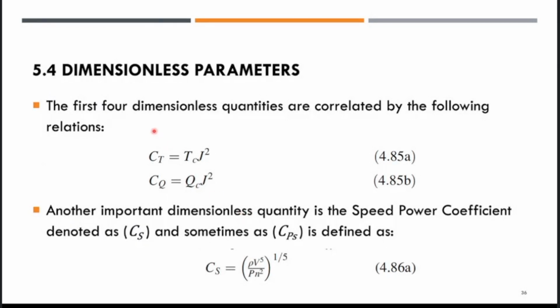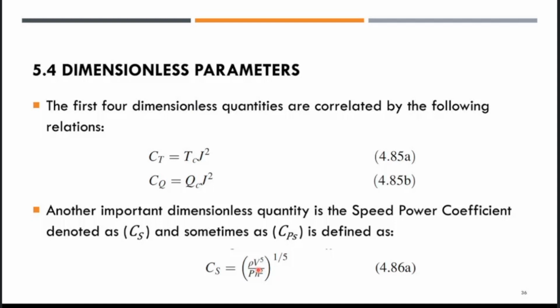The first 4 dimensionless quantities are correlated by the following relation in terms of coefficient of thrust and coefficient of torque, CQ, and another important dimensionless quantity is the speed power coefficient, CS. Sometimes it is called the CPS, right?